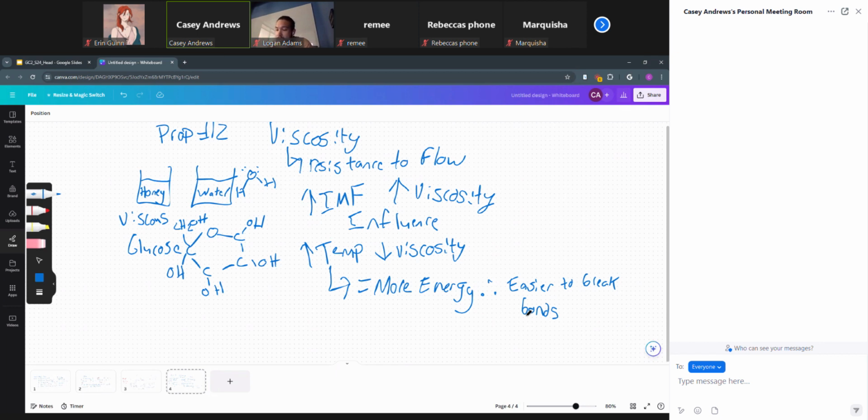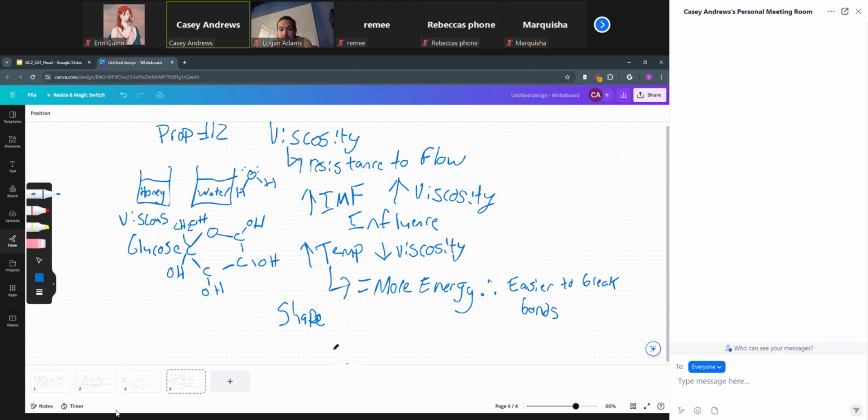The second way we can influence this is shape. And you actually already all know this. Well, I don't even know how to ask this because it's kind of obvious once you think about it. What shape is the best for moving something?